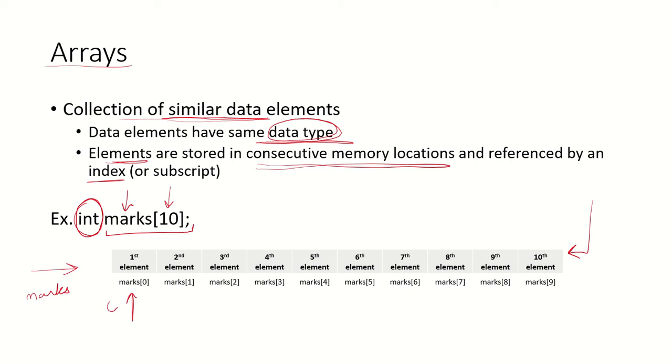So this is index 0, this is index 1, 2 and so on till 9. So from 0 to 9 there will be 10 elements. You can reference them by saying marks 0, which will refer to the first element, then marks 1, that would be the second element in the array, and so on.